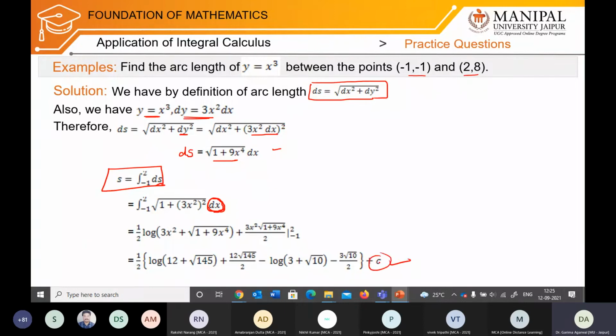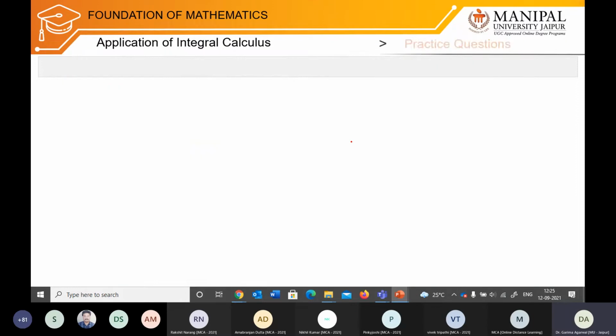Actually the arbitrary constant is not required because we are doing a definite integral, so that is a typo. This is the arc length of the curve y equal to x cube between the points -1, -1 and 2, 8.